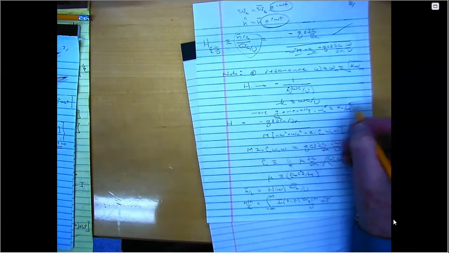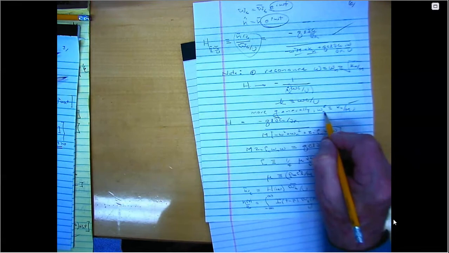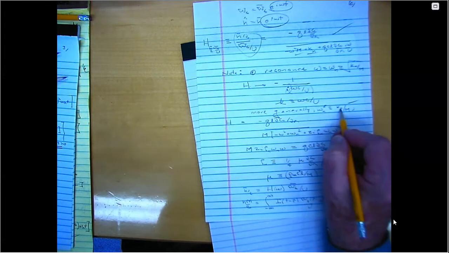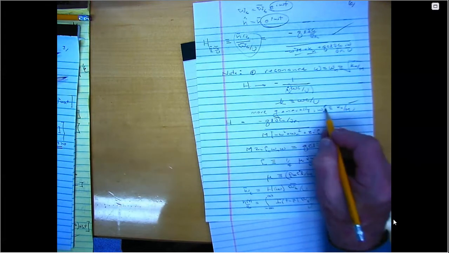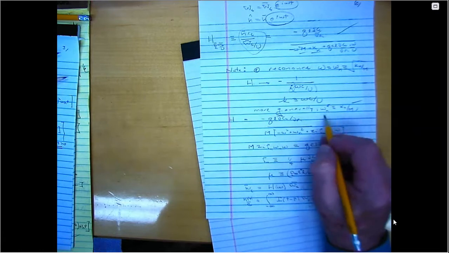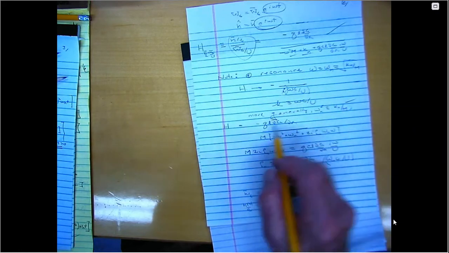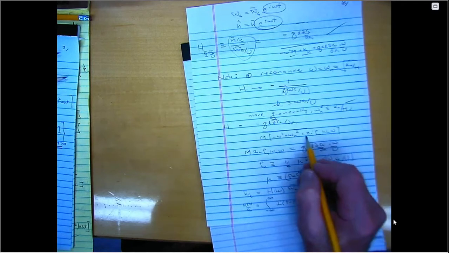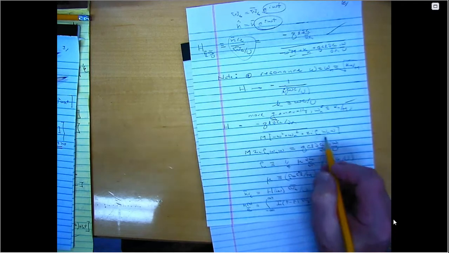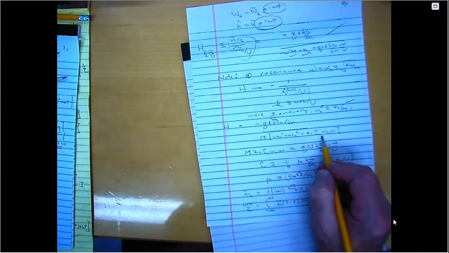First of all, we can again define a natural frequency, which is k_h over m. That's frequency squared, or you take the square root of it. And then the general transfer function can be written in this form. I've written this in the standard form associated with a damped spring-mass oscillator.